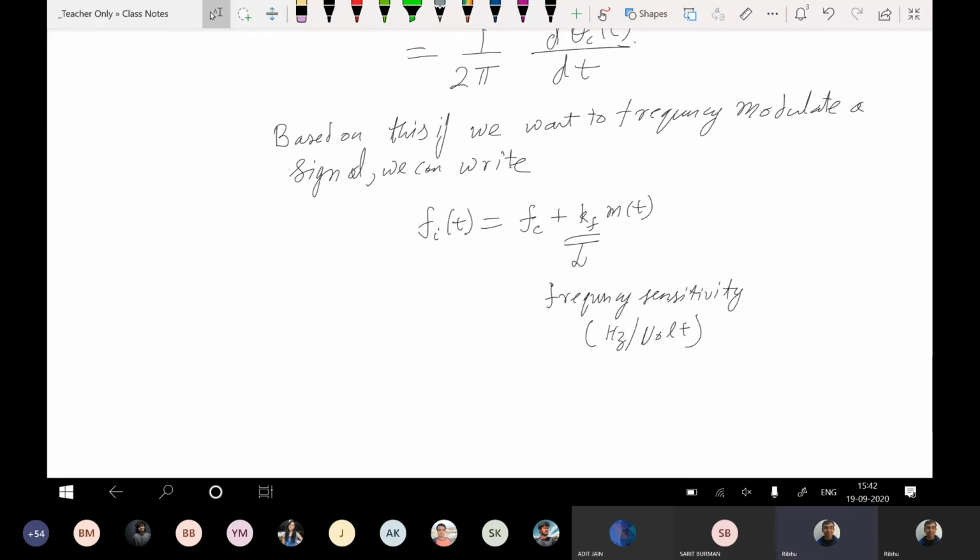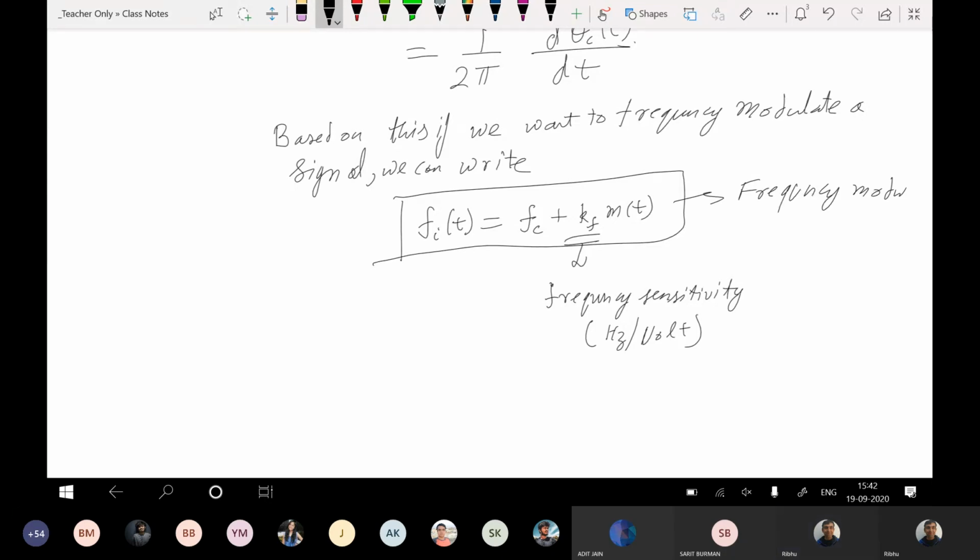Fine. So if I change the instantaneous frequency of a signal like this, I can achieve what is known as frequency modulation.